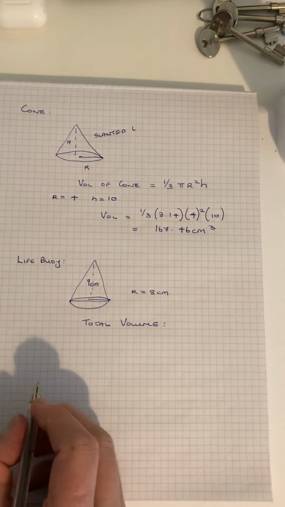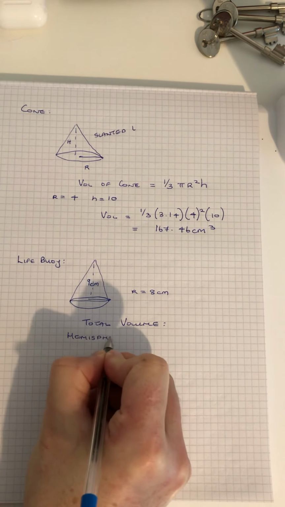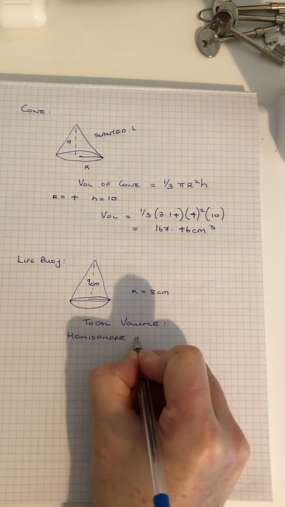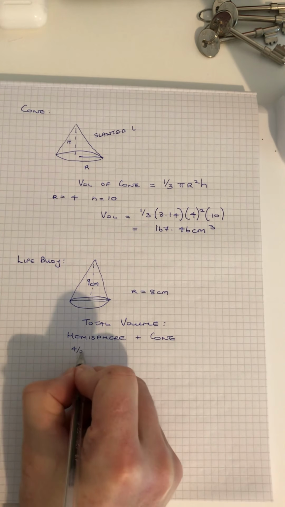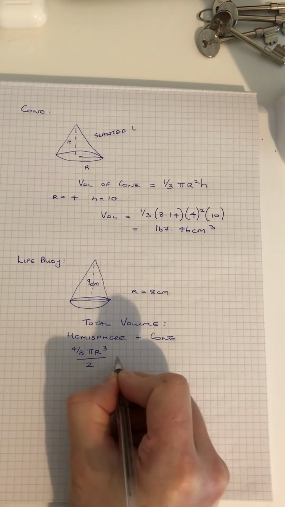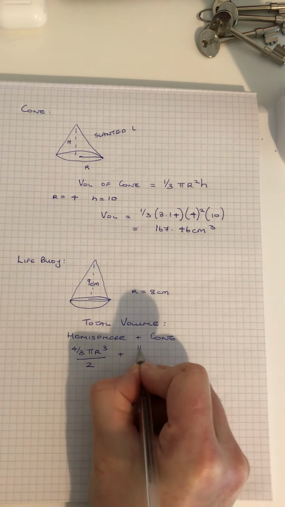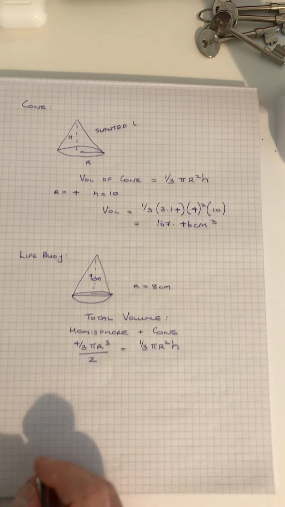So the total volume would be a hemisphere plus a cone, which is 4 over 3 pi r cubed, divide that by 2 because it's only half a sphere, plus 1/3 pi r squared h.